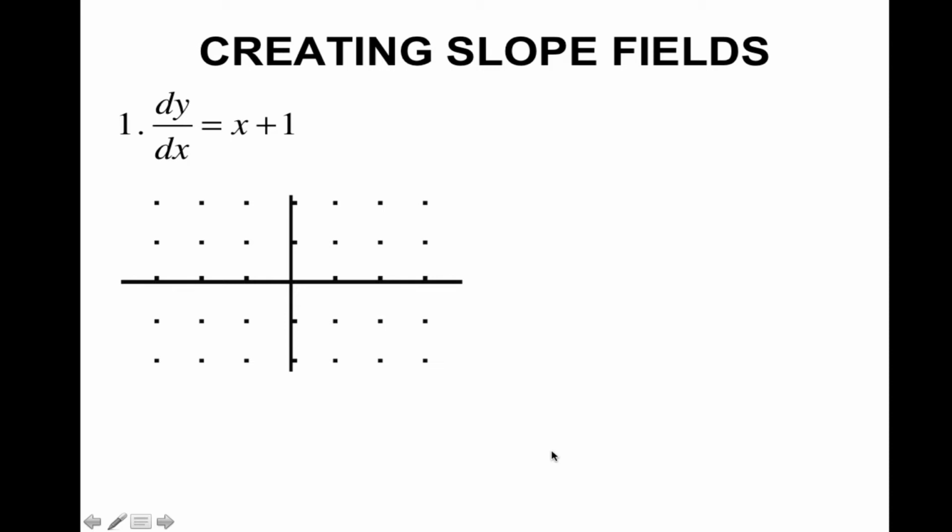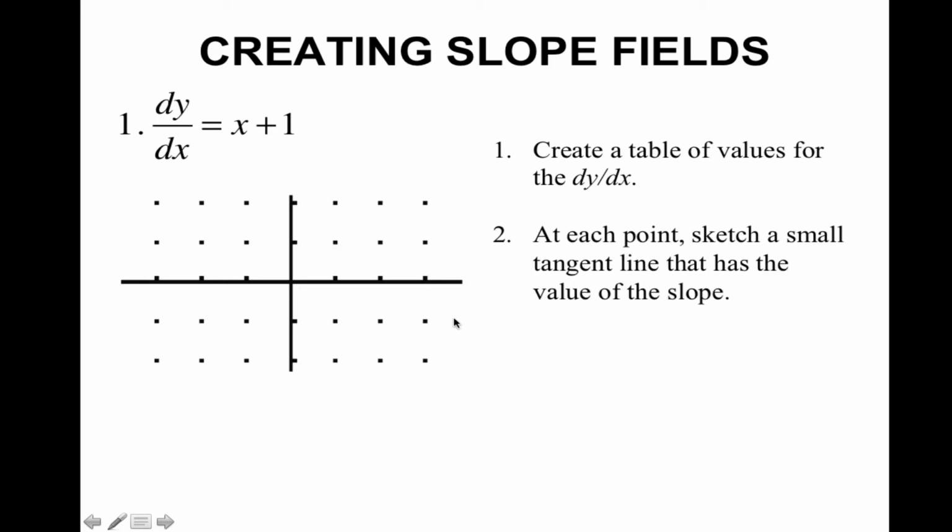The best way to do a slope field is to create a table for the values of dy/dx, because what you're going to be sketching is small little tangent lines that have that slope as their value. At each point, we're going to sketch a small tangent line that has the value of the slope, or the value of dy/dx.